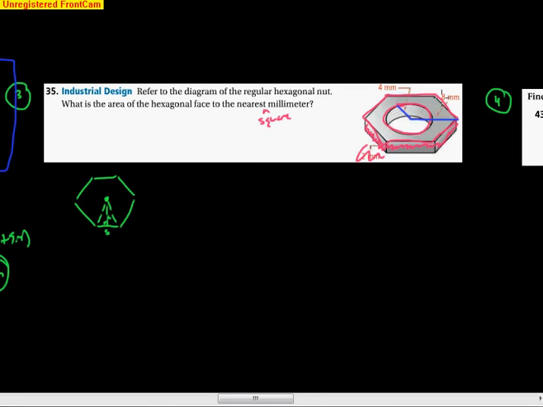So the 8 millimeters is the radii of the hexagon, going from the center to one of the other vertices. So 8 and 8. And now I'm looking for the area of this regular polygon, 1/2 AP. That is going to be 1/2 the apothem, which I do not know, times the number of sides, which I do know is 6, times the side length, which I do not know.